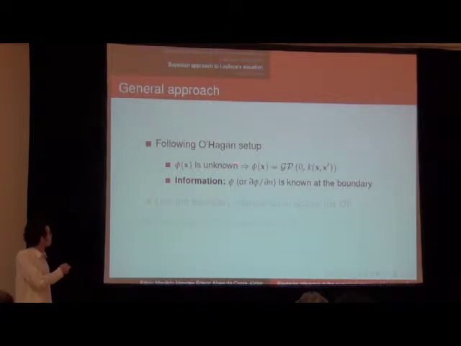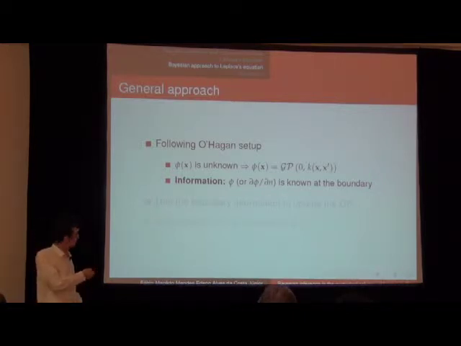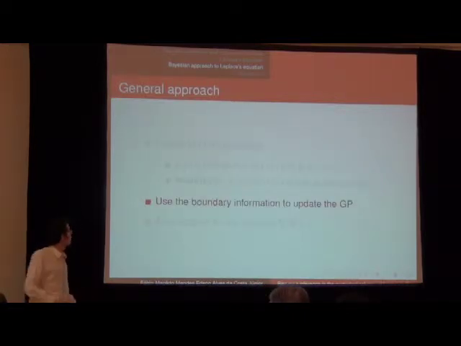And with this, when you have set up this process, of course, you have to account for the information you have, which is either the value of phi in the boundary, or the normal derivative of phi in the boundary. So how do you do that?